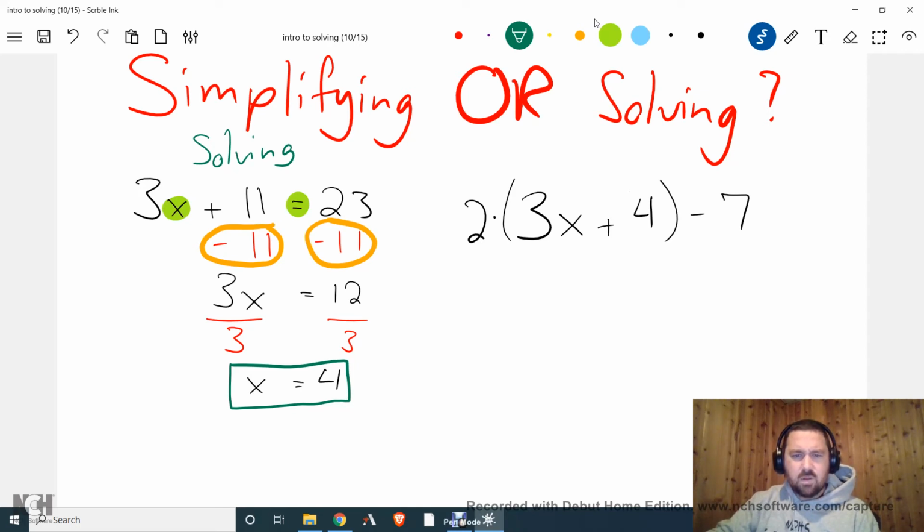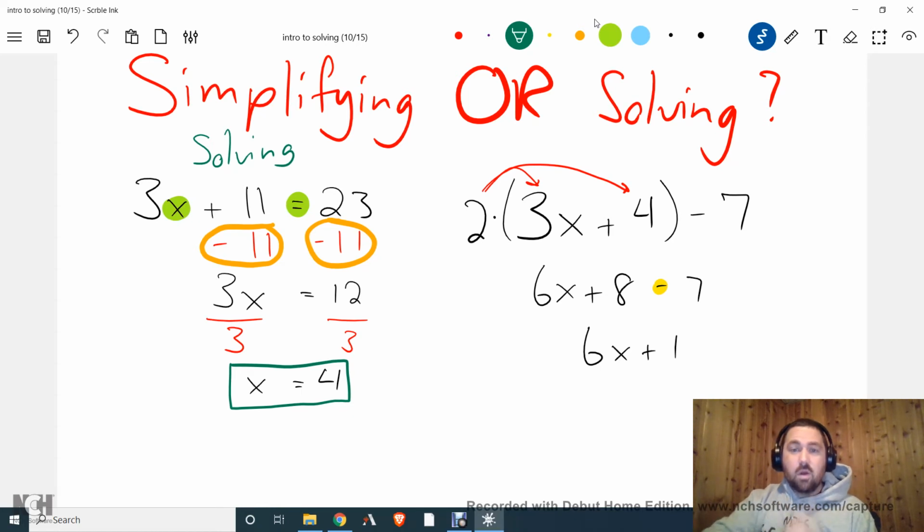Over here, well, let's see. Okay, it looks like this person is distributing, and I see a variable right there that I erased. I see a variable here, but one thing that is greatly missing is an equal sign. This is just an expression. So this person is doing these operations, they're distributing multiplication, they are combining like terms.